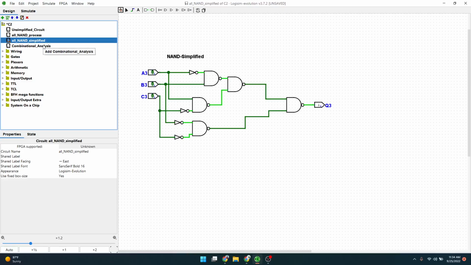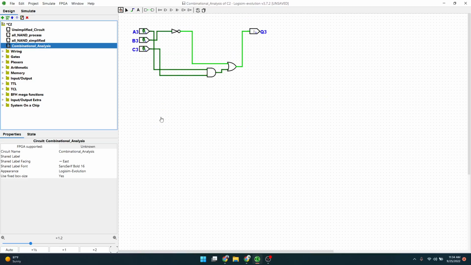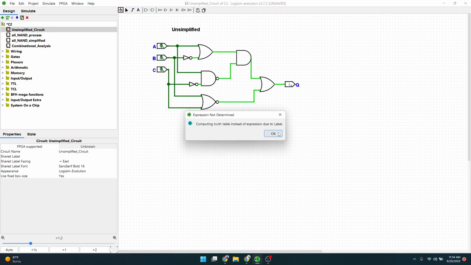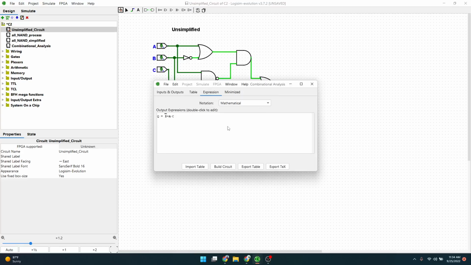We can also convert those equations into a circuit, since Logisim will generate this for us. We can do that now, just to really prove that these are equivalent. So we can do Analyze Circuit. We have this expression here.